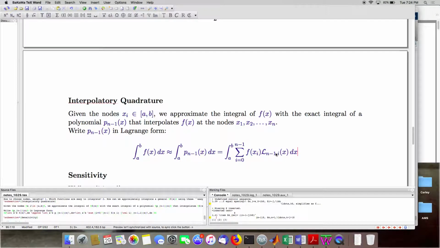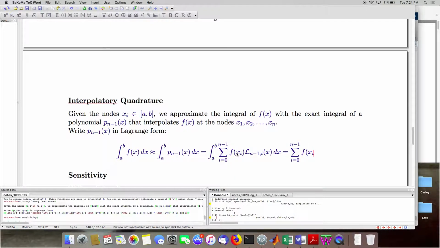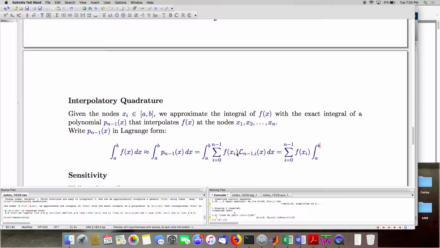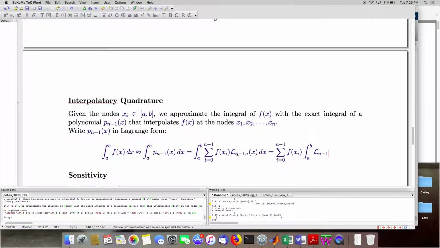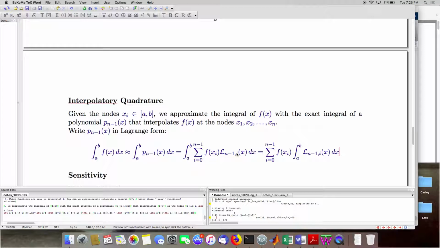But with the integral being linear, we can pull out sums, and we can pull out constants. So I'll have a sum of f of xi, and then what's left is the integral of the Lagrange polynomial.